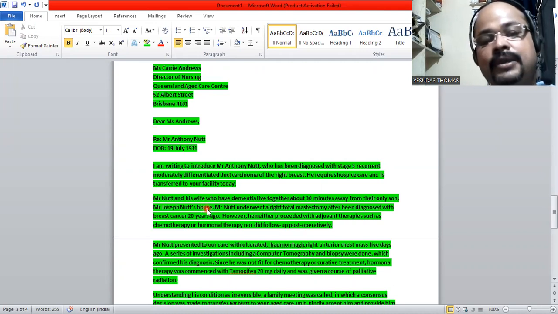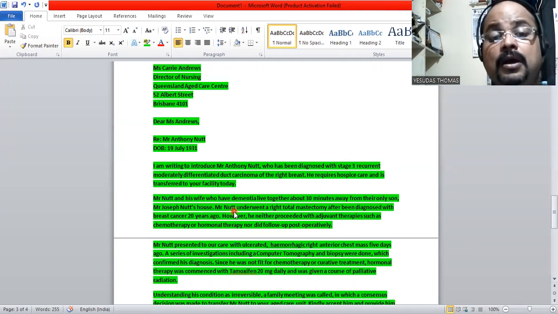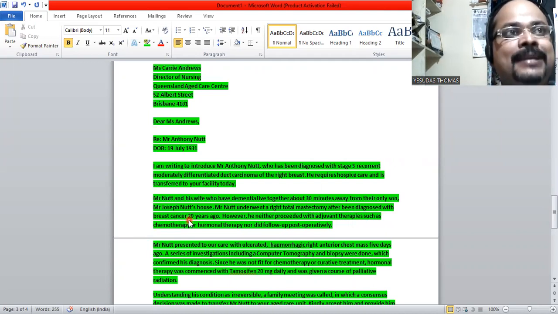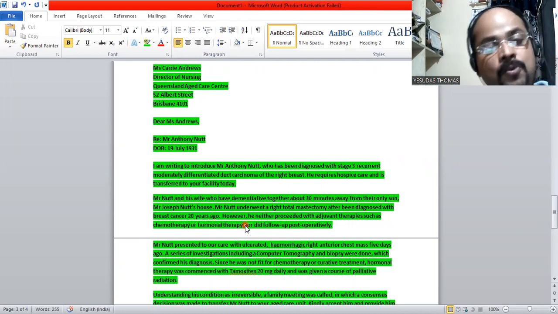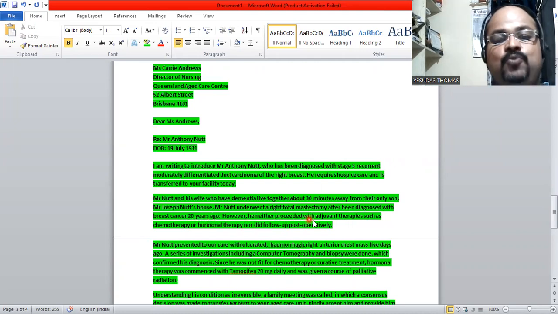Now, what we have to give is the medical background. Mr. Nutt underwent a right total mastectomy after being diagnosed with breast cancer 20 years ago. So the past medical history is there. However, he neither proceeded with adjuvant therapy such as chemotherapy or hormonal therapy, nor did he follow up post-operatively.